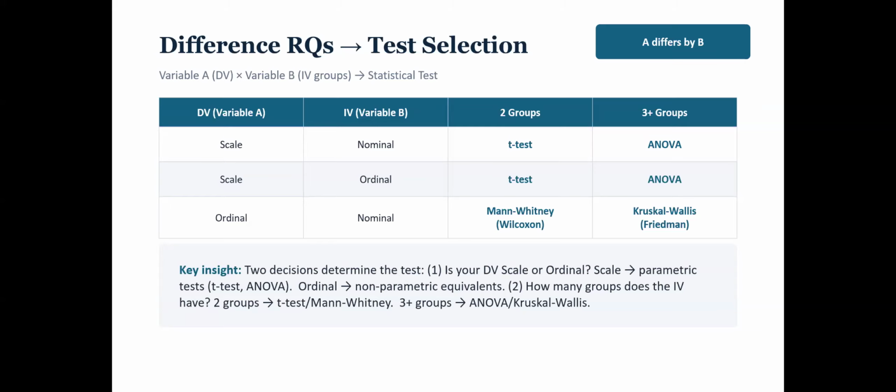Most Likert type items are technically ordinal, but are treated as scale more often than not. But if you have a truly ordinal dependent variable in that third row by some independent nominal variable, Mann-Whitney is the test. 3 or more, Kruskal-Wallis.